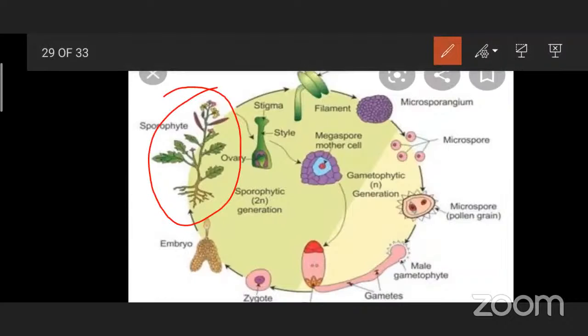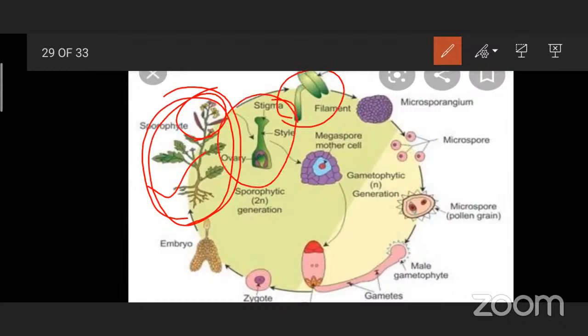Plants have a multicellular diploid sporophytic stage, as this is the dominant phase in their life cycle. The gametophytic stage is reduced and totally dependent on the sporophyte. In this sporophyte plant, different parts are there. The mainly important part is the flower. In this flower, there are male sex organs and female sex organs.